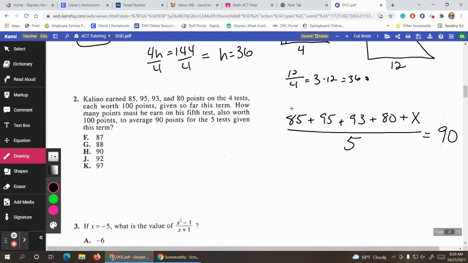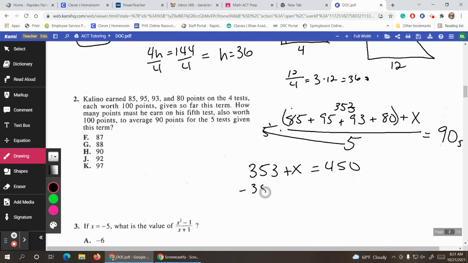Mathematically, you add those up and get 353 plus x. I multiply both sides by 5, that cancels there, giving me 450. Subtract 353, and x equals 97. It has to be a 97.